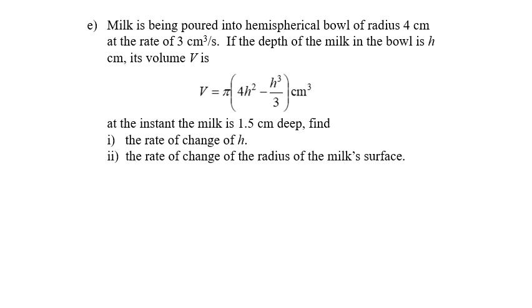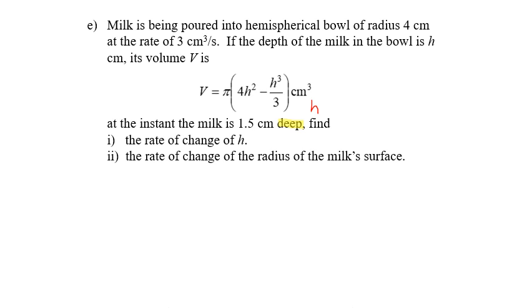So we just straight away use this volume equation. Right. So at the instant of 1.5 cm deep, take note, the statement deep here actually represents h, height. That is when h equals 1.5.